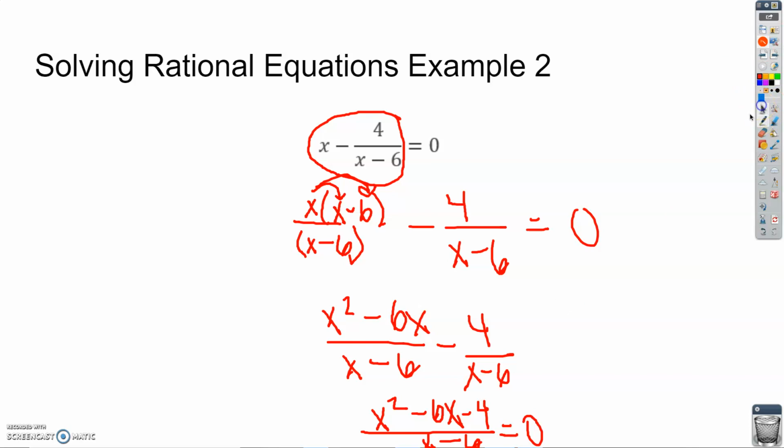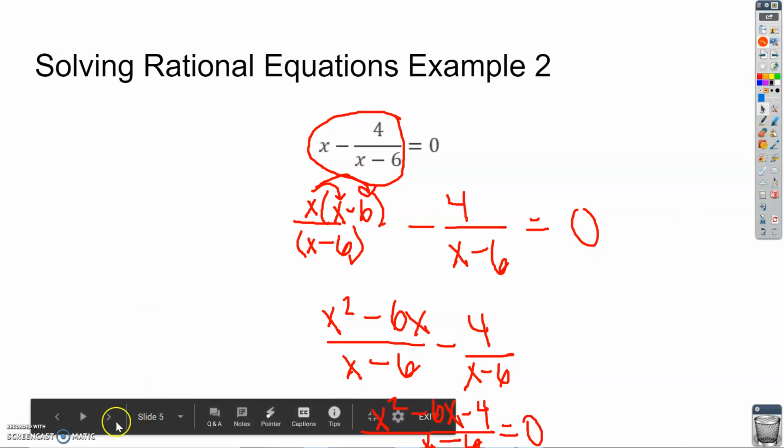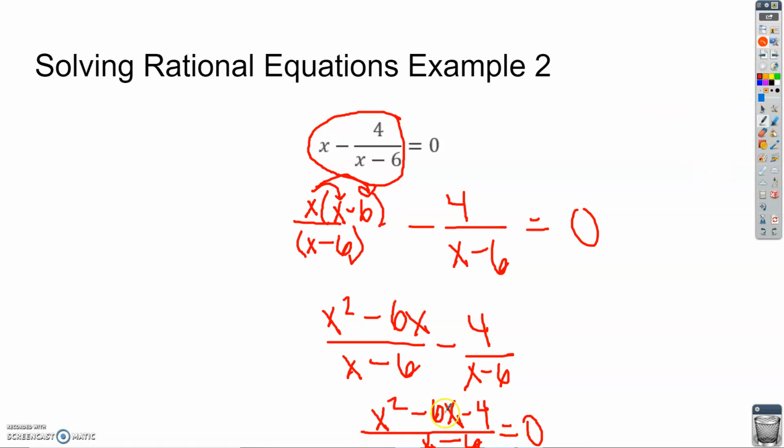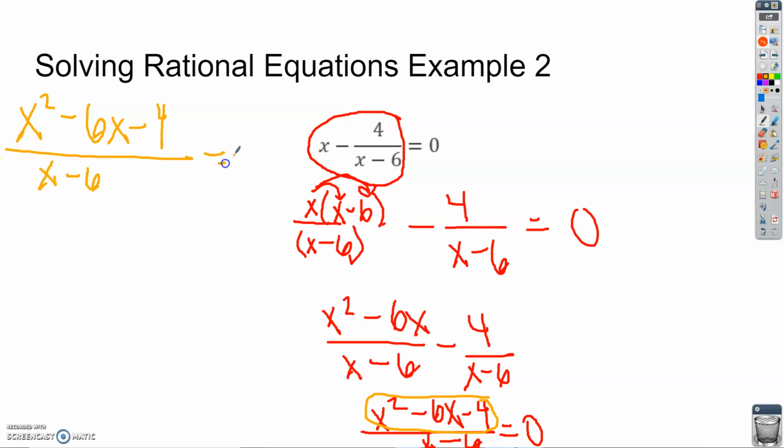I'm going to plug in my computer real quick, so I'm just going to pause. Okay. And so now I'm going to try to factor the numerator. So x squared minus 6x minus 4 over x minus 6 equals 0.